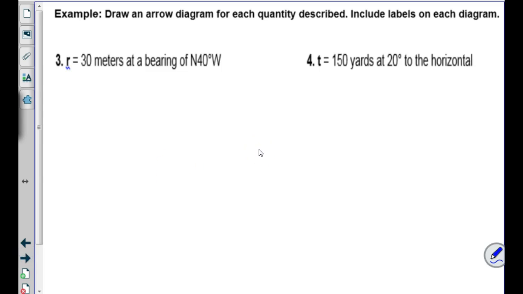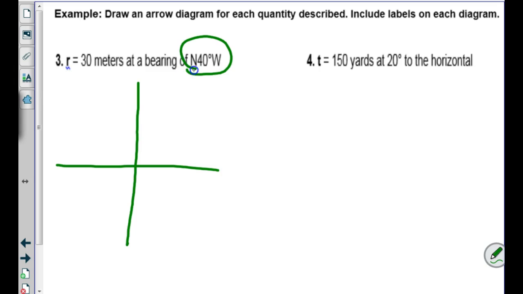Number 3 is this quadrant bearing again. And it says off of north, going 40 degrees towards the west. So the 40 degrees is in here.